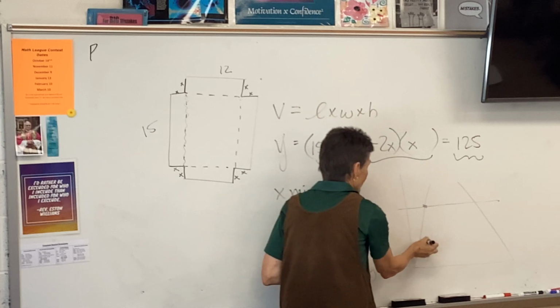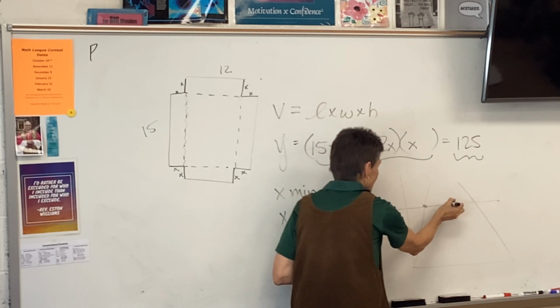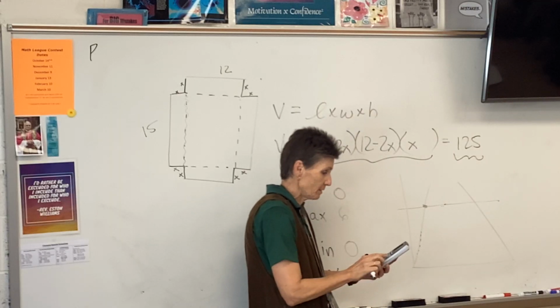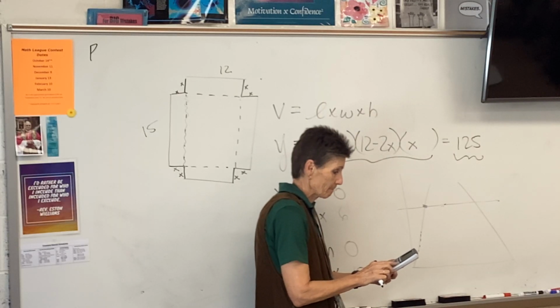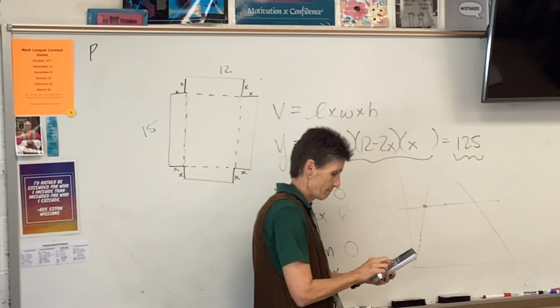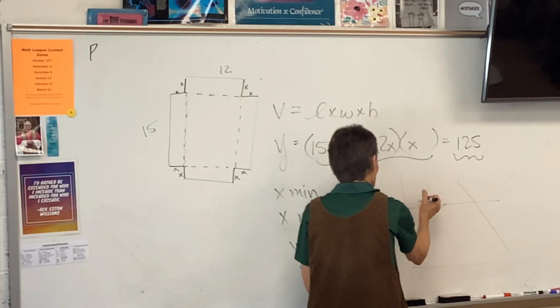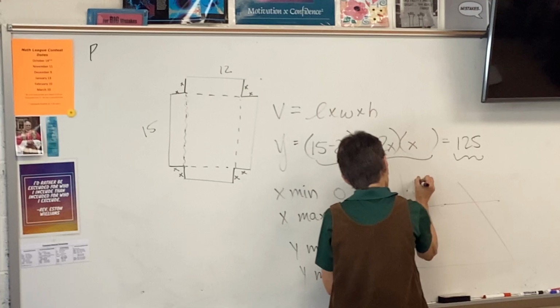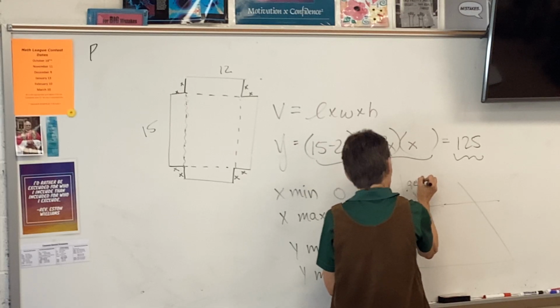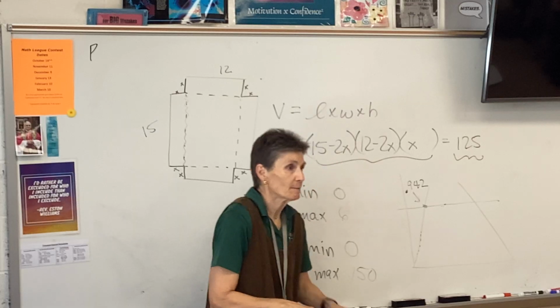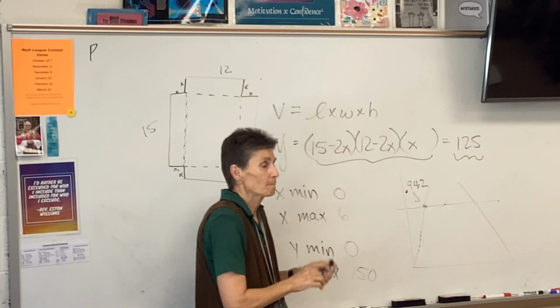So I'm setting my cursor here, and then I'm gonna set it here, and I'm gonna find that point of intersection. And it is 0.942. Anybody else get 0.942? Perfect.